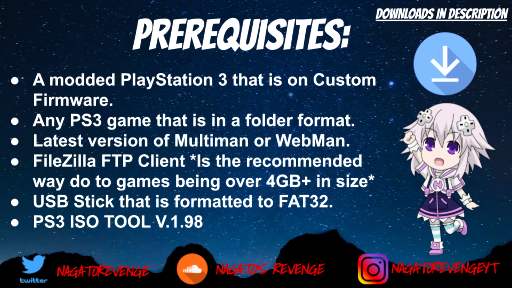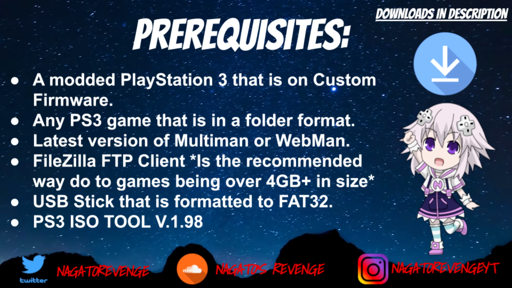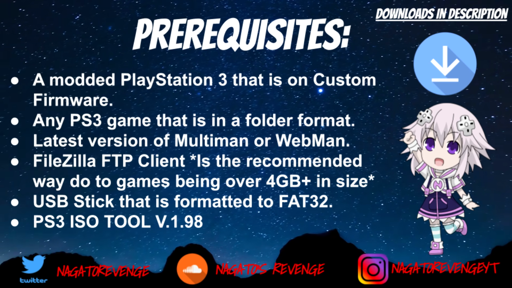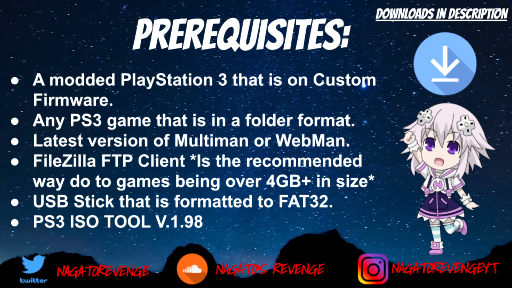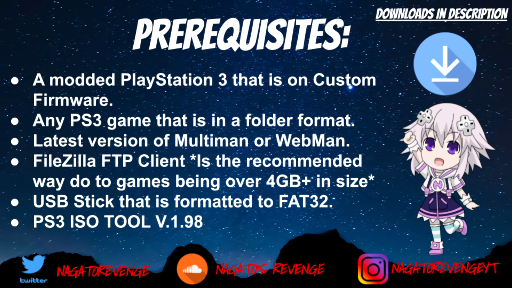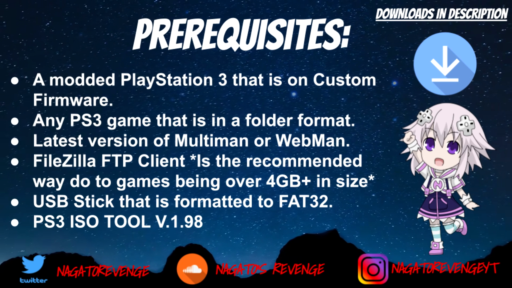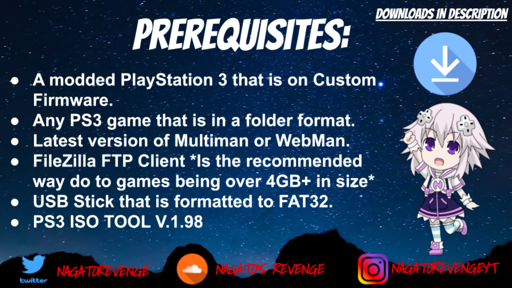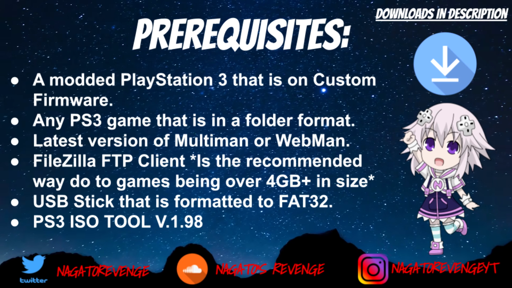So for example, I'm going to be using J-Stars, and that's under 4GB. However, if you're trying to do a game like Grand Theft Auto 5 or any of the Call of Duties, or basically any PS3 game that is usually above that 4GB mark, you need to use the FileZilla FTP client, unless you plan on splitting your games onto your USB.